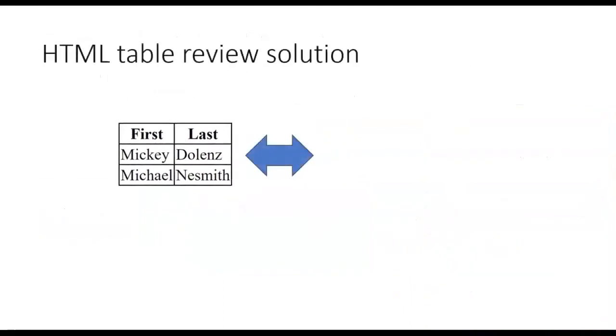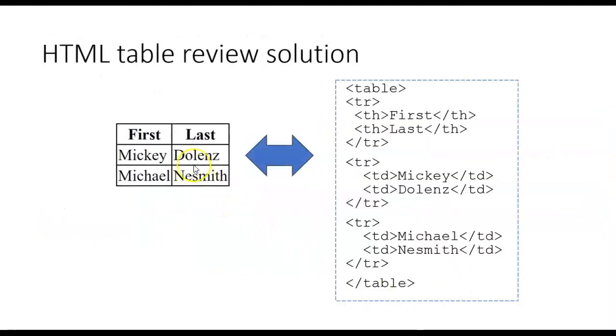So as before, what I want to emphasize is what I have on the left is how the table is interpreted by the browser, and what I have on the right is the actual HTML code that was used to render this, minus the styling, of course, of which would be the grid lines.